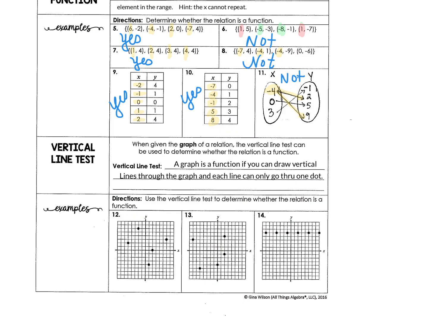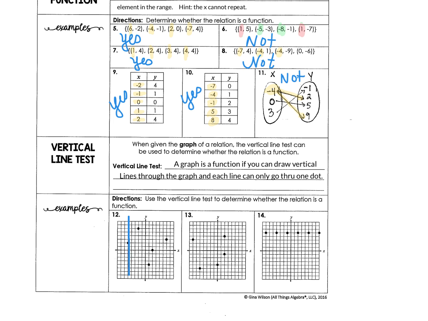And lastly, to determine if a graph is a function, we can use the vertical line test. So a graph is a function if you draw a vertical line through the graph, and each line can only go through one dot. So that sounds a little crazy. Let me start drawing them for you. I'm going to start with number 12.